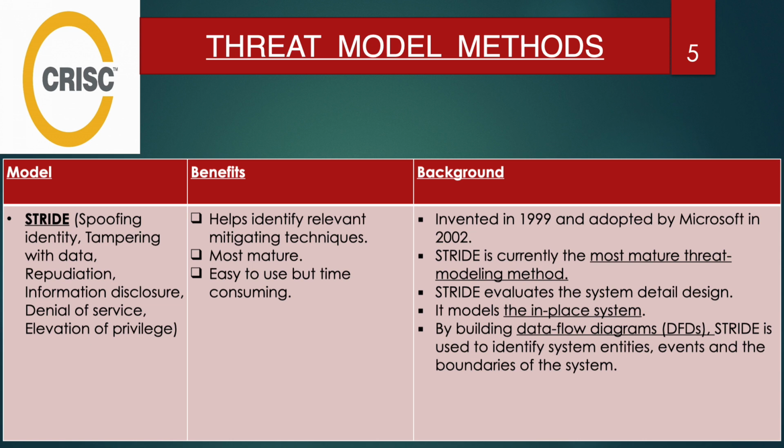By this, an attacker can reach from a low level system in the network to a system of higher authority which contains confidential information. It has some benefits also, like helping in identifying the relevant mitigating techniques. It is the most mature method and easy to use, but it is a bit time consuming because of its lengthy process. As we have discussed, it was adopted by Microsoft in 1999.